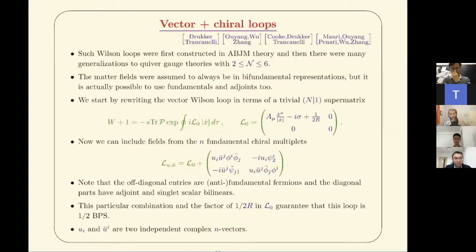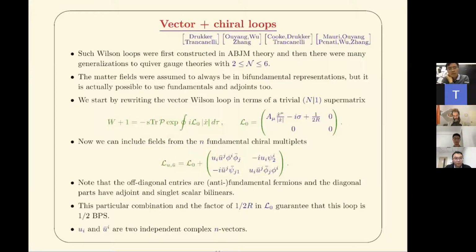The story of this talk is really about Wilson loops that couple to chiral fields. And the story was developed by many, many people. They exist now for all theories with N between 2, as I'm discussing here, and also going to ABJM theory and so on.